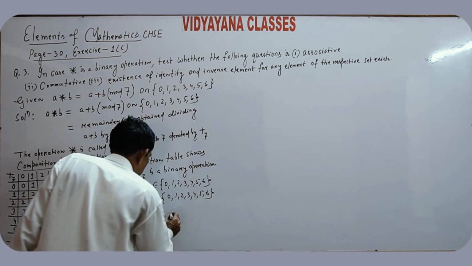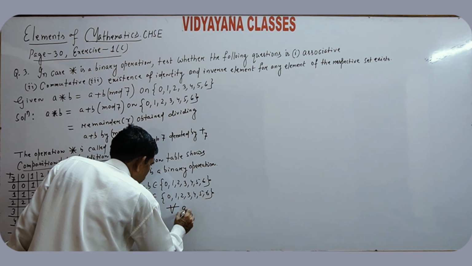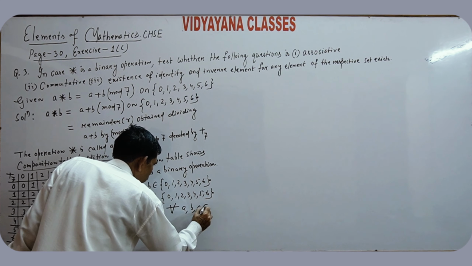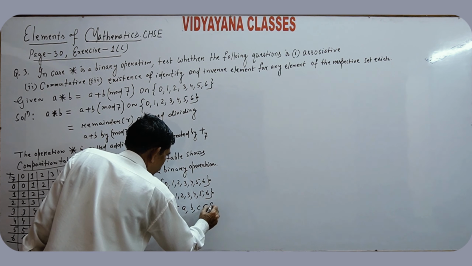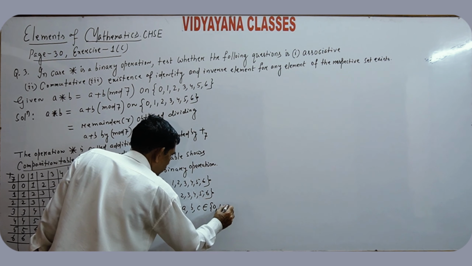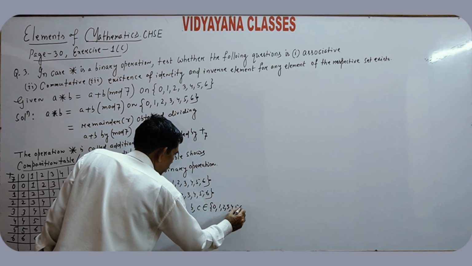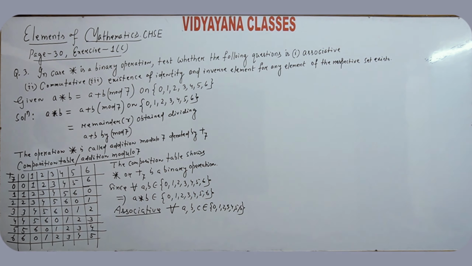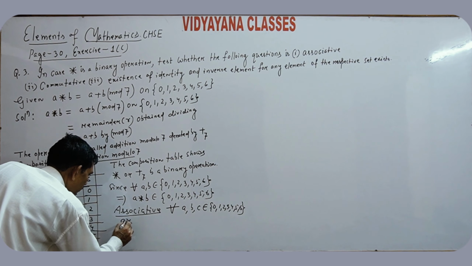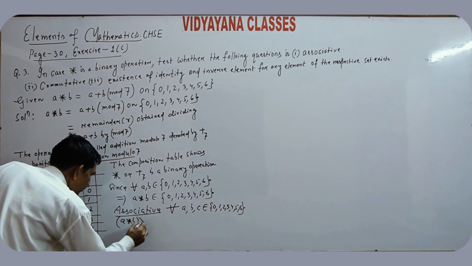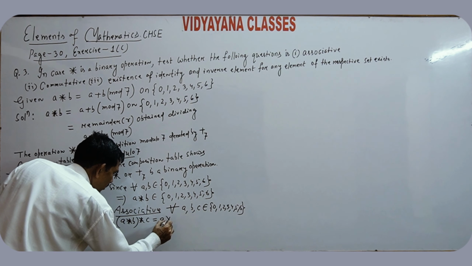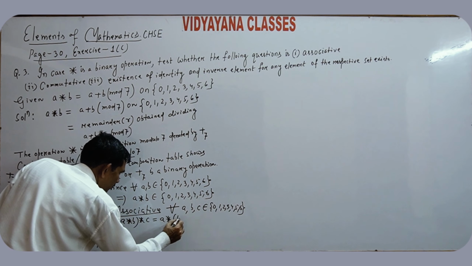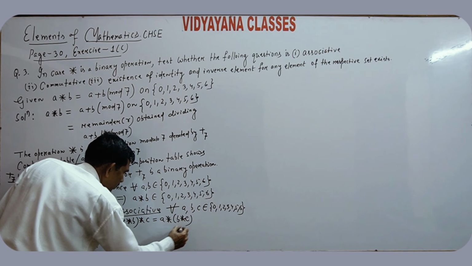For all A, B and C belongs to the set of 0, 1, 2, 3, 4, 5, 6, (A star B) star C is equal to A star (B star C).